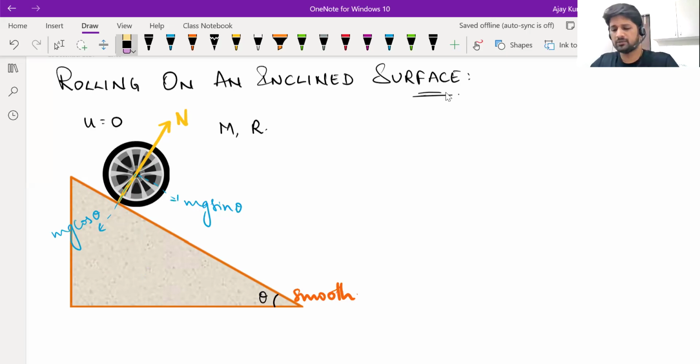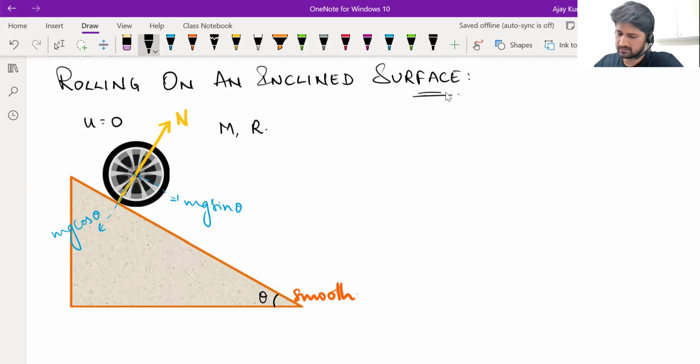Now tell me, what will happen to this object under the influence of these forces? Sir, it will accelerate down the incline. Okay. Will it rotate? No, because all forces have their lines of action passing through the center of mass of this object, so none of them can produce a torque.